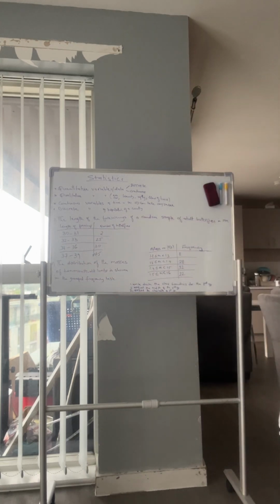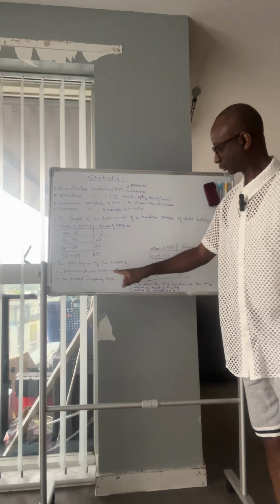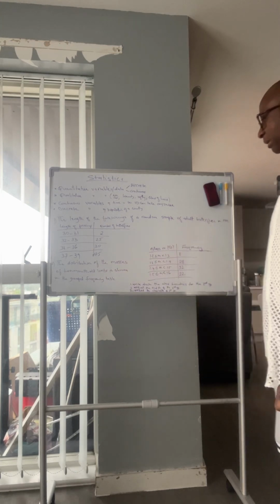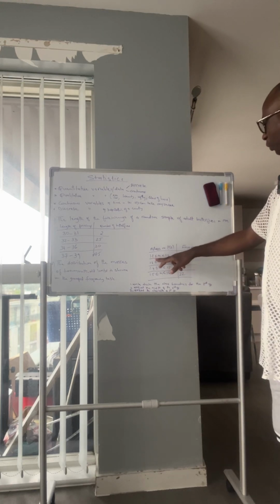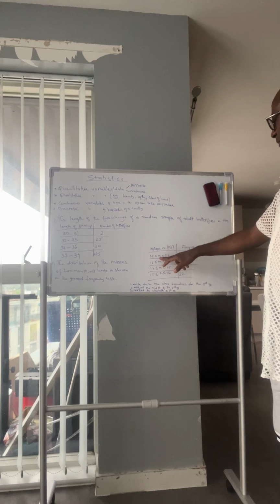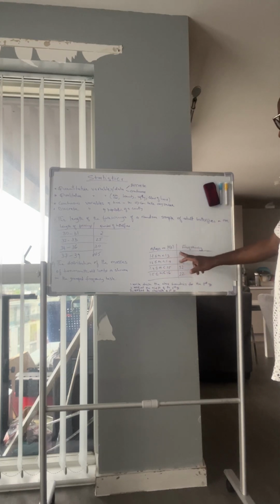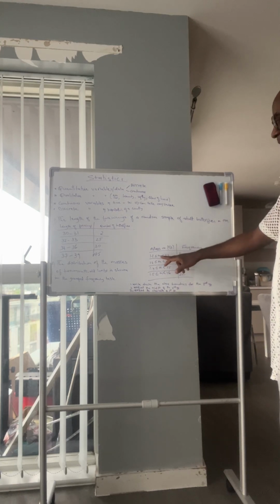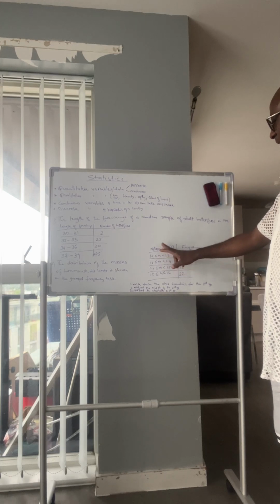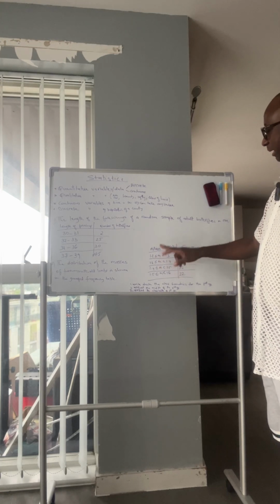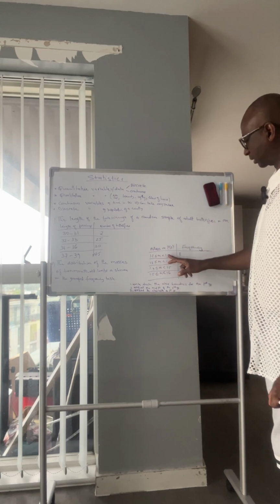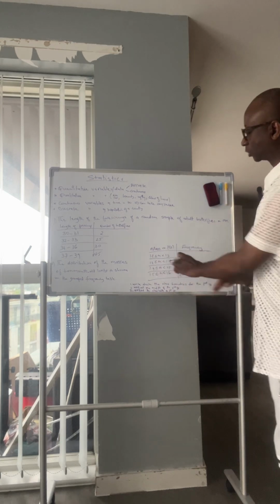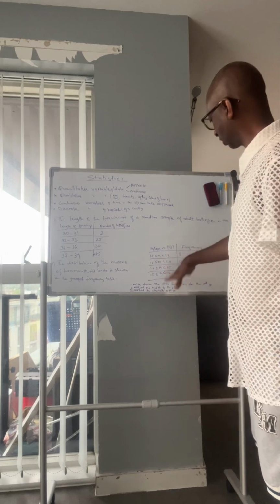But here, you are talking about the masses of 2-month-old lambs. 1.2 kilogram and 1.3 kilogram have 8. That means the masses of lambs that are greater than or equal to 1.2 but less than 1.3 number 8. Just concentrate on the inequality sign so that you see the difference.